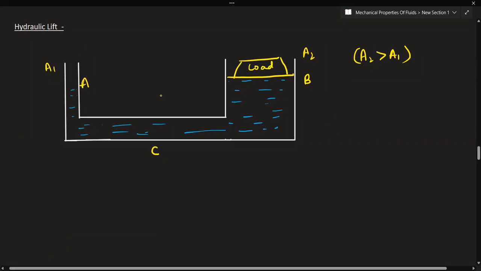And the lifting force is applied at the narrower end, means the smaller area. The force F1 is applied over here. Now what happens when the downward force F1 is applied to the smaller piston A, the pressure of the liquid under this piston increases to, can you tell me?